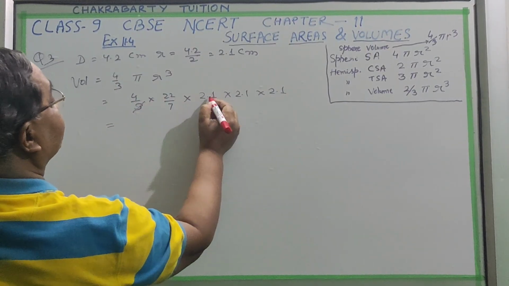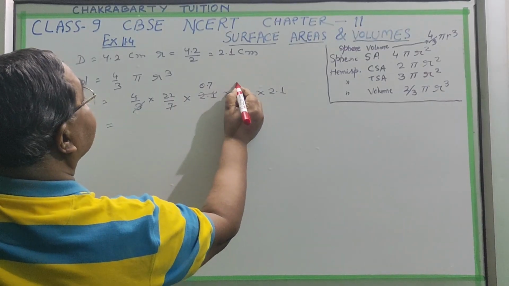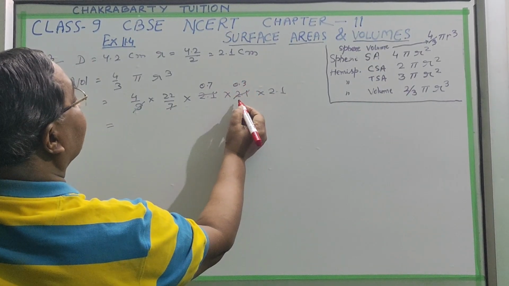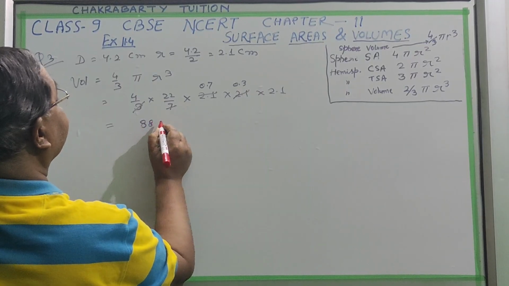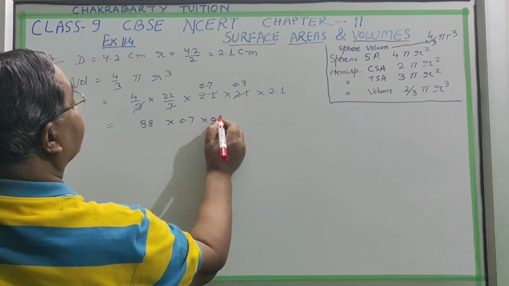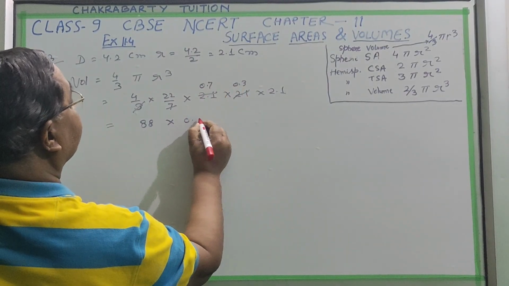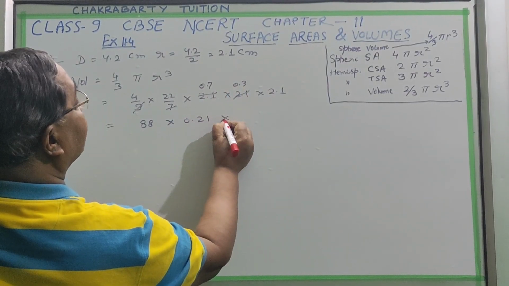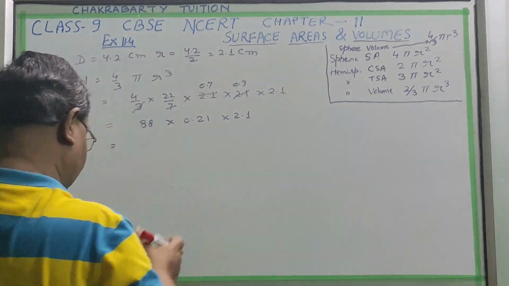By 3 we can cut it, and 0.3 will remain. So 88 into 0.7 into 0.7 is 0.21 into 2.1. Again here I will use the calculator to solve it.